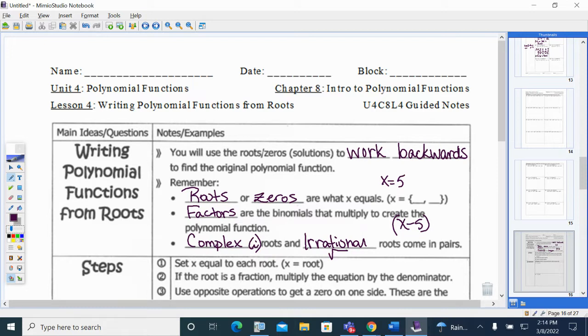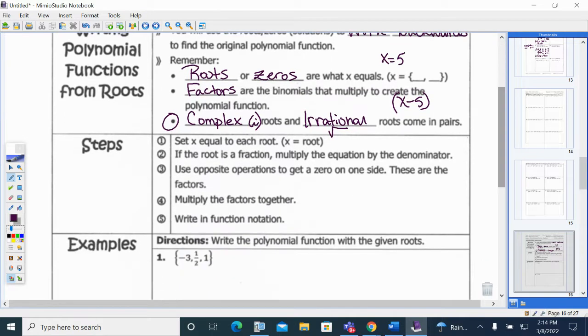Also, the other thing that you have to remember, which a lot of students do forget, is that your complex roots, which are the i's, and your irrational roots, which are your radicals, come in pairs. They always come together. One's a positive, one's a negative. The steps here look exactly the same as they did before. You're going to set x equal to each root.